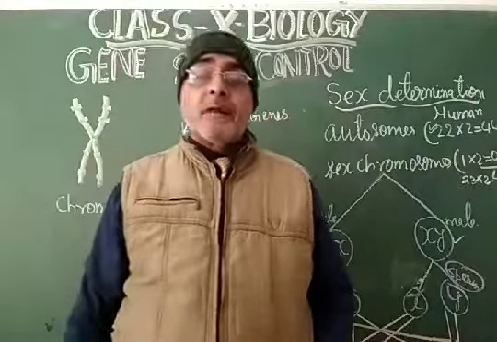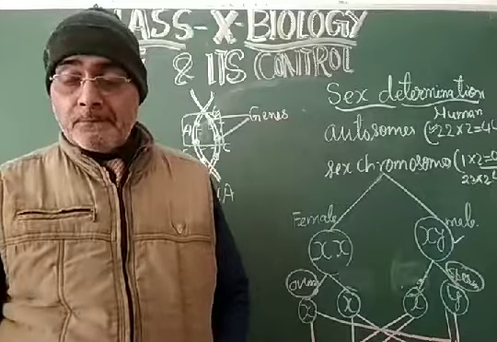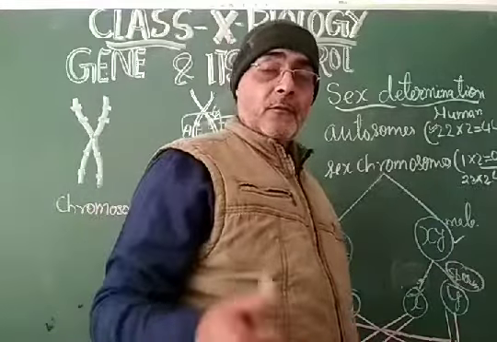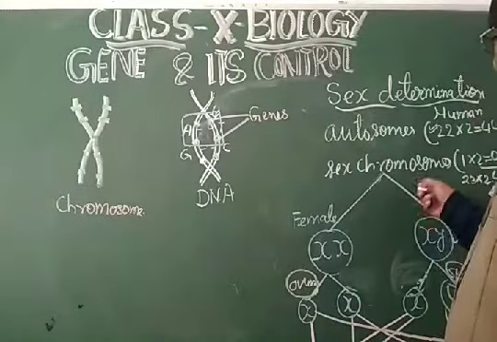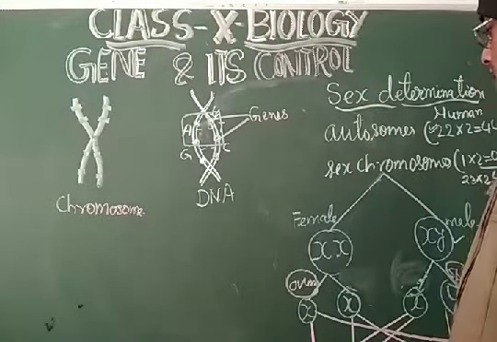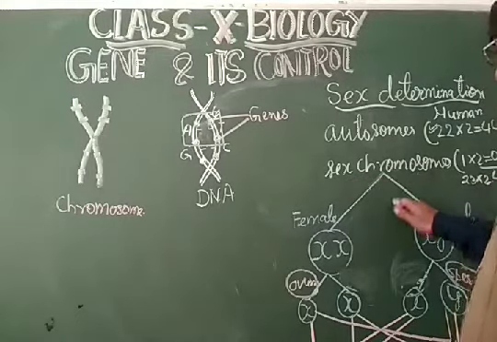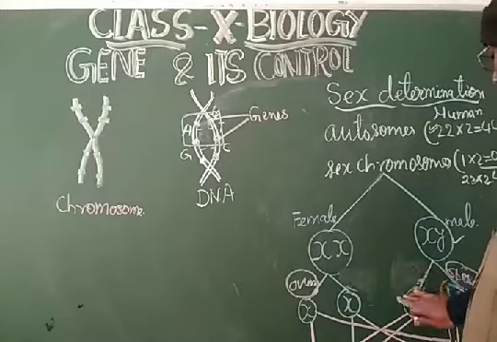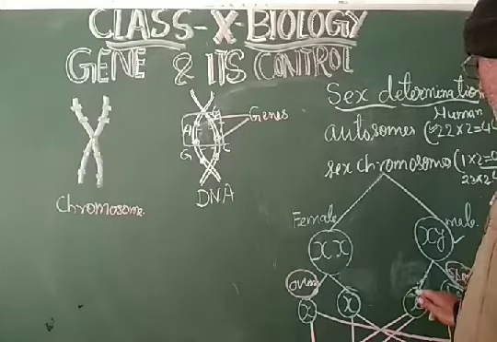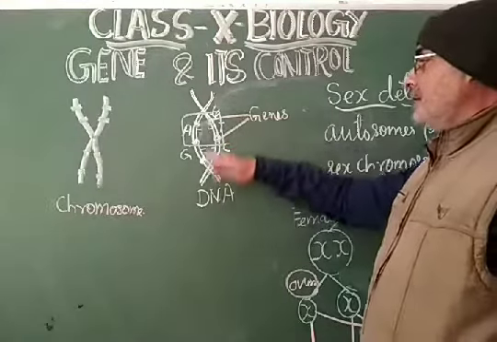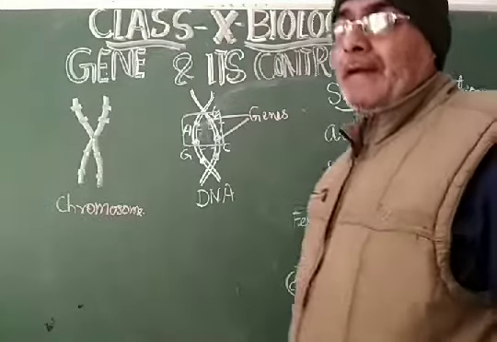My dear students, it can be explained as the full story of inheritance, and that inheritance is due to genetic control, as the genes are able to hold the different characters in different manners, in different patterns.